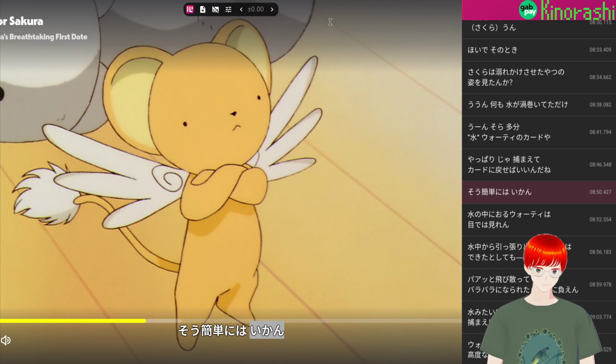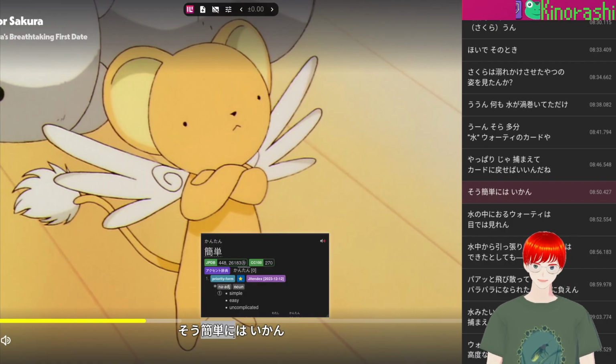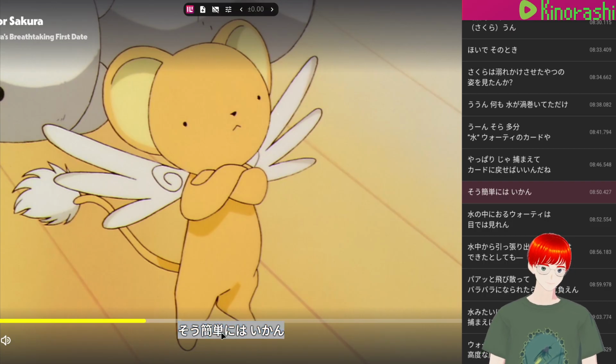Regrettable, unsatisfactory. Let's see. So this down here is basically simple or easy. So with the ni, it becomes easily. So, kantan ni wa ikan. So that easy is the subject of the sentence because it's niwa.